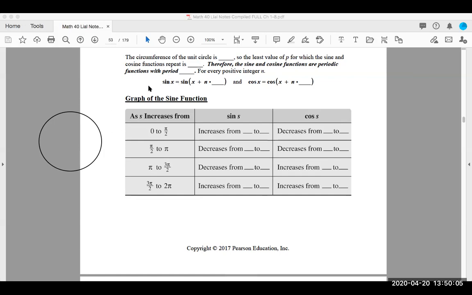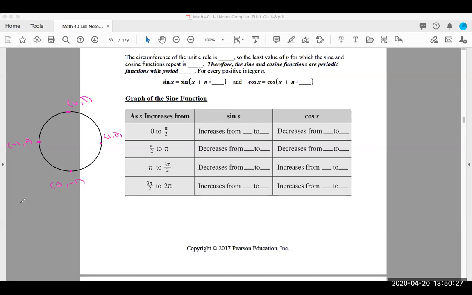We have right here the point 1, 0. Up top, we have the point 0, 1. We have negative 1, 0. And we have 0, negative 1.